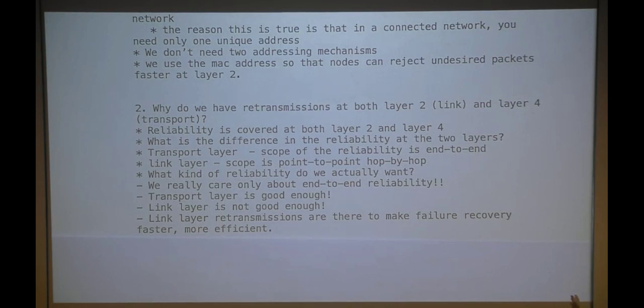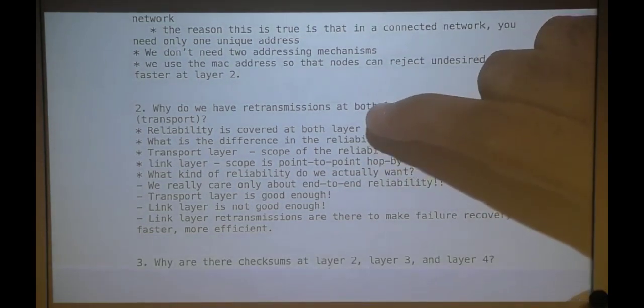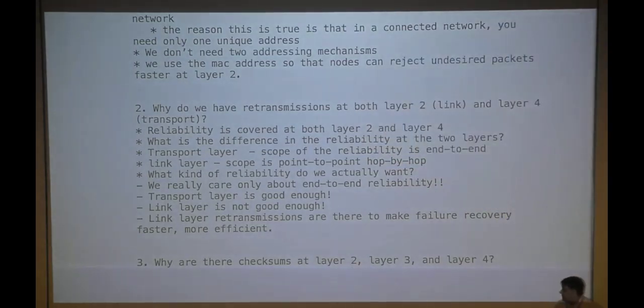Okay, so we've answered the second why question. The third why question that you can start thinking about is why are there checksums at layer 2, layer 3, and layer 4? So this bugged me for a long time, and I'm not even sure I have a good answer yet. But you notice there's a checksum at layer 2, meaning a CRC check, and CRC is an error detecting code.